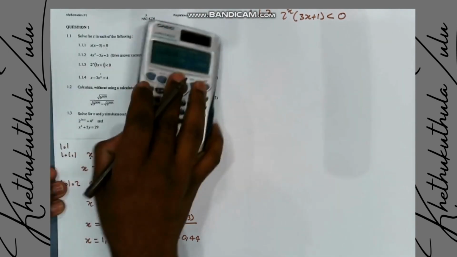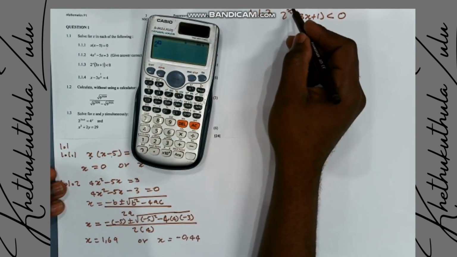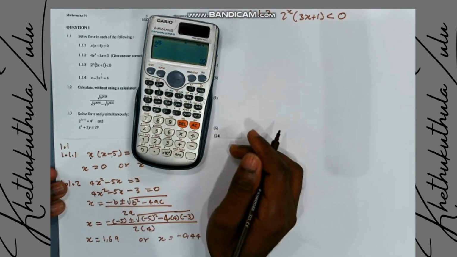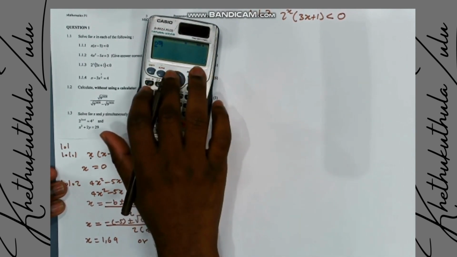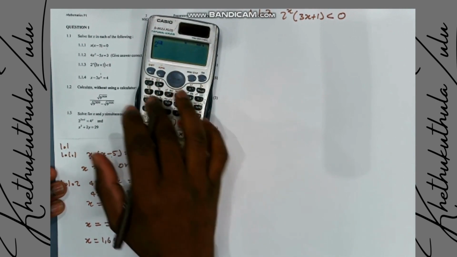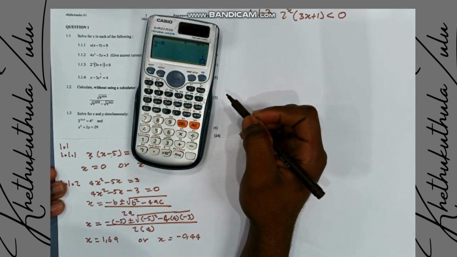Let's just make an example. If you're saying 2^x, if you can put any value of x, now let's just put 5. This is equal to 32, which is greater than 0. Let me just put any negative value here. Let me just put negative 6, which is 1 over 64. This is greater than 0.